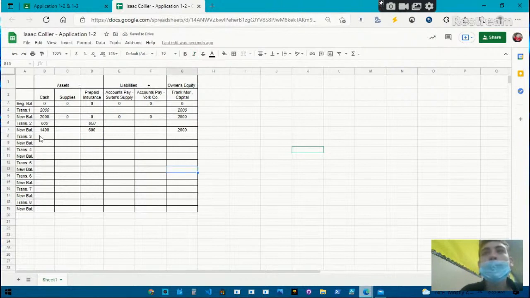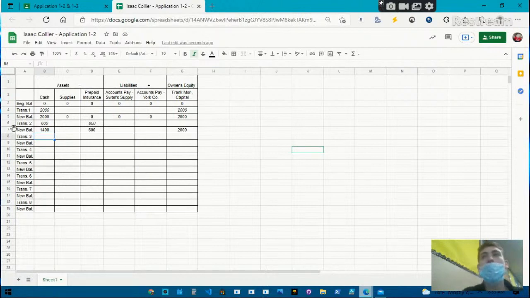There you go, you bought insurance. So on the same transaction line, you have 600 there. And then you just bring that number down, you're not adding it, you're just adding it to 0. So you can just type 600. Now, this number has to keep going down too. It had to stay on the balance. There you go. Now you go to transaction 3.